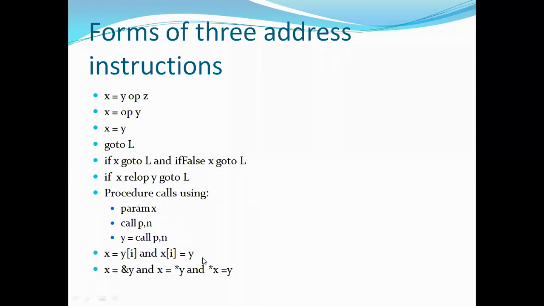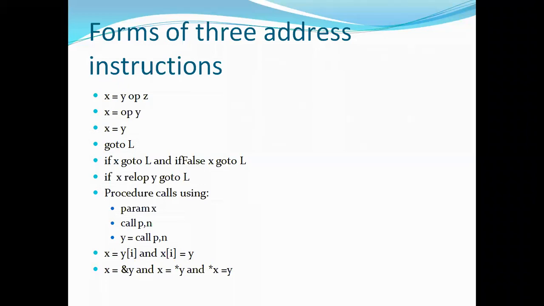For the arrays, we use intermediate instructions like x is equal to y of i, and x of i is equal to y. For the pointers, x is equal to ampersand y, x is equal to star y, and star x is equal to y. Make a note of this.